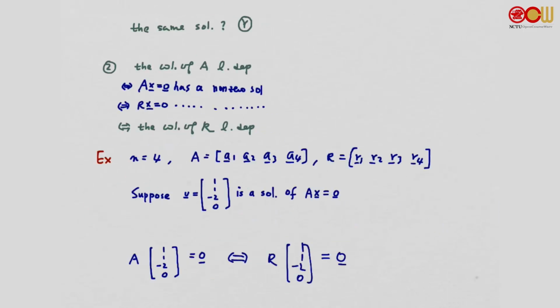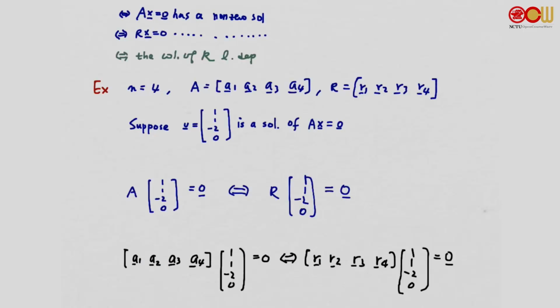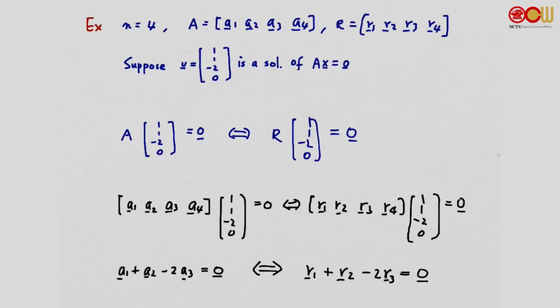So we have AV equal to 0 if and only if RV equal to 0. And we can write down the column vectors of A explicitly, A1, A2, A3, A4, and the column vectors of R explicitly. For this matrix-vector product, we have A1 plus A2 minus 2 times A3, and this is the zero vector. The linear combination gives us the zero vector.